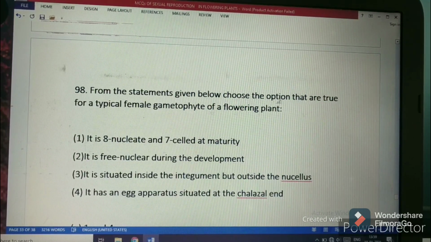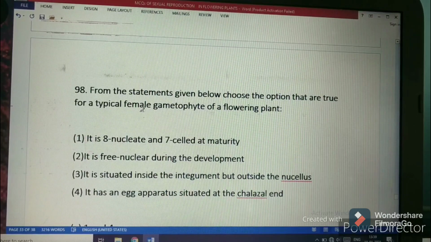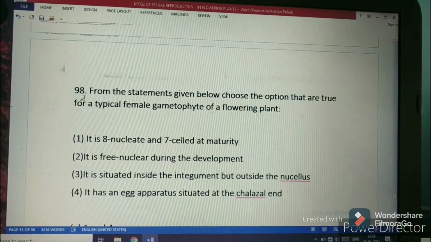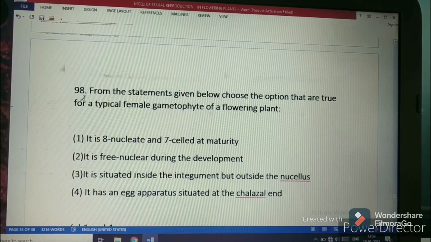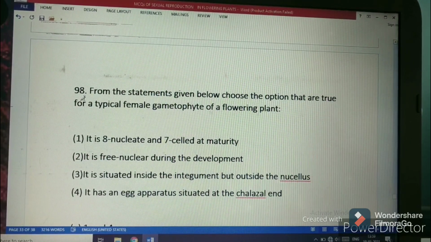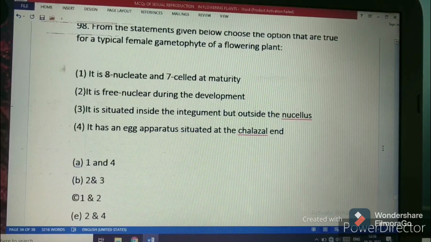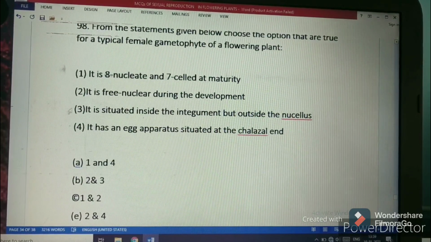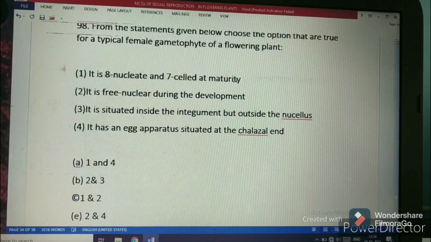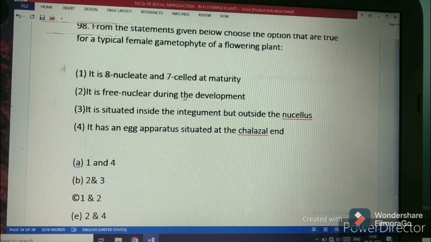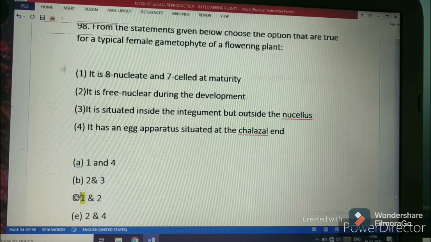From the statements given below, choose the option that is true for a typical female gametophyte of a flowering plant. It is 8 nucleate and 7 celled at maturity, and it is free nuclear during the development. So C is the correct answer, 1 and 2.